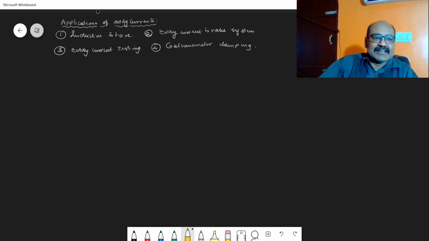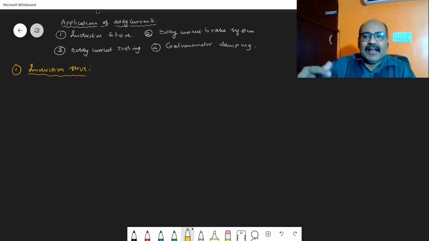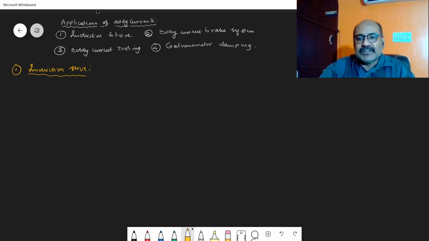First of all, let us consider the first application. What is the first application? We are saying it is the induction stove. What is this induction stove? This induction stove develops a large amount of heat energy, with the help of which we can save a large amount of electricity. With a large amount of heat energy, we can cook food within a short time as well as safely.